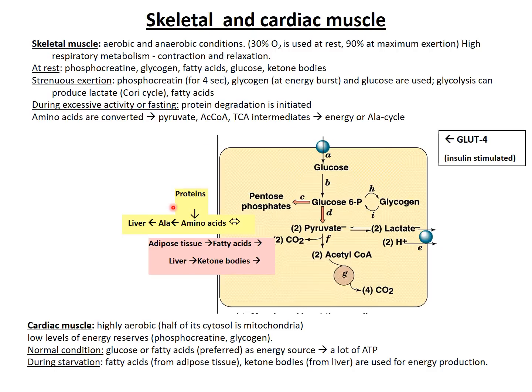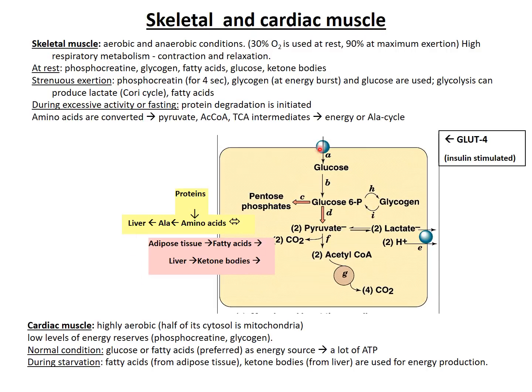Now, what else can be used? Proteins can be degraded in the muscle and shuttled in the form of alanine to the liver for gluconeogenesis, but also amino acids are taken up in a well-fed state and used for either energy or mainly rebuilding the muscle proteins.